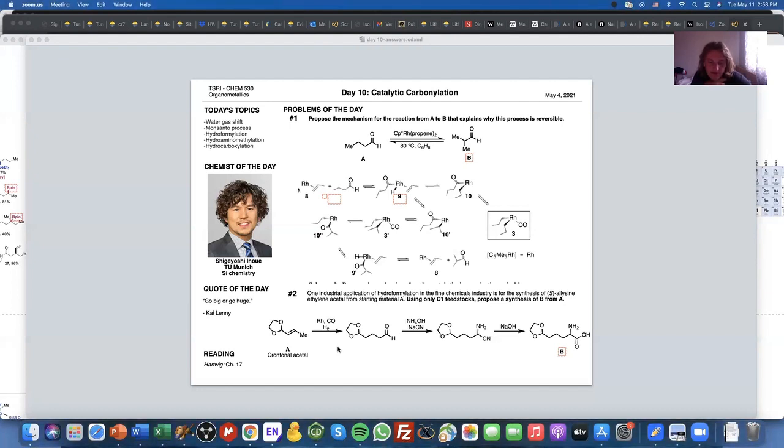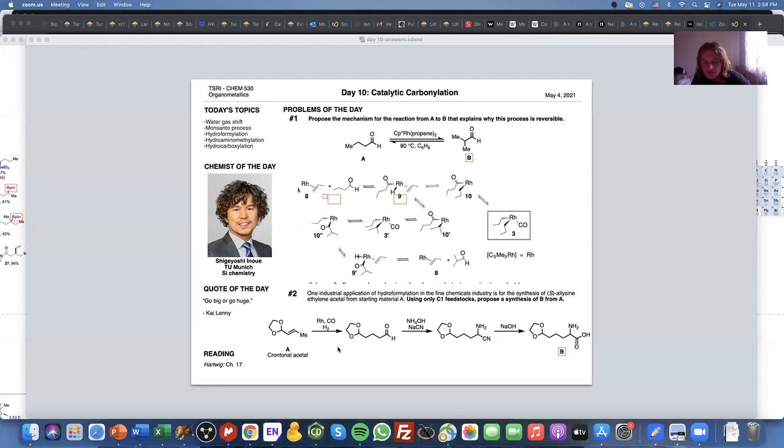And now this aldehyde is a versatile intermediate, and you could probably draw multiple ways to the product. However, the most straightforward way to synthesize alpha amino acids from aldehydes is the Strecker reaction, and so that's what we're going to do here, where we'll condense the aldehyde with ammonium hydroxide to form the imine, which can then be attacked by the cyanide to form the aminocyanide.